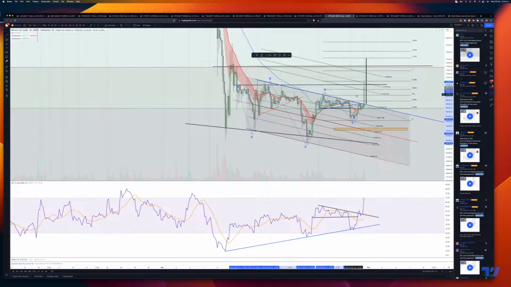Really nice. Can this be a fake out? Definitely, because we're in a downtrend, and I've spoken about this, where these types of things pop their heads out and then they come back down. Can it go higher? Yes, but this level to me is a dangerous level to go along, to tell the truth.